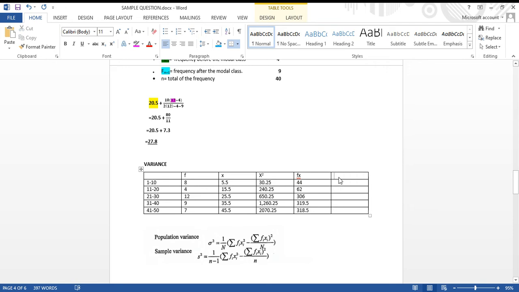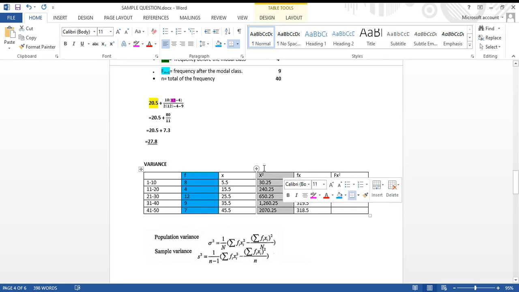Now we have to multiply our frequency with x squared, so we say f x squared. Our frequency multiplied by x squared, so we're dealing with this column and this column.